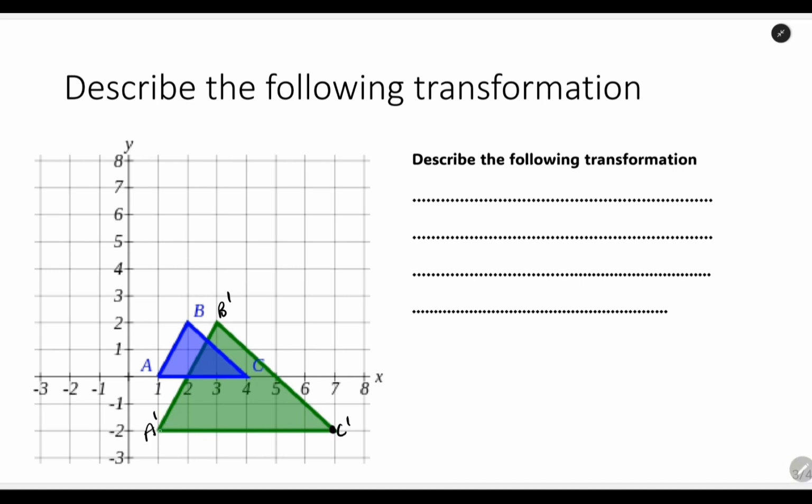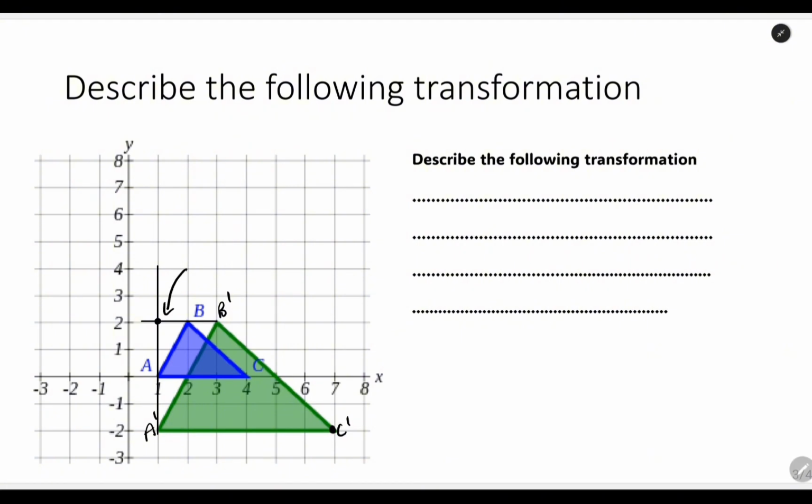Let's draw a line from A prime through A, and then a line from B prime through B. The intersection where these two lines meet is where the center of enlargement will occur.